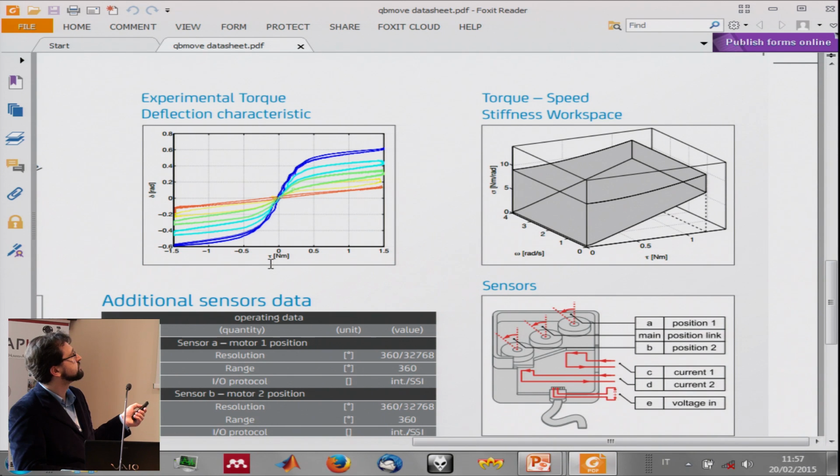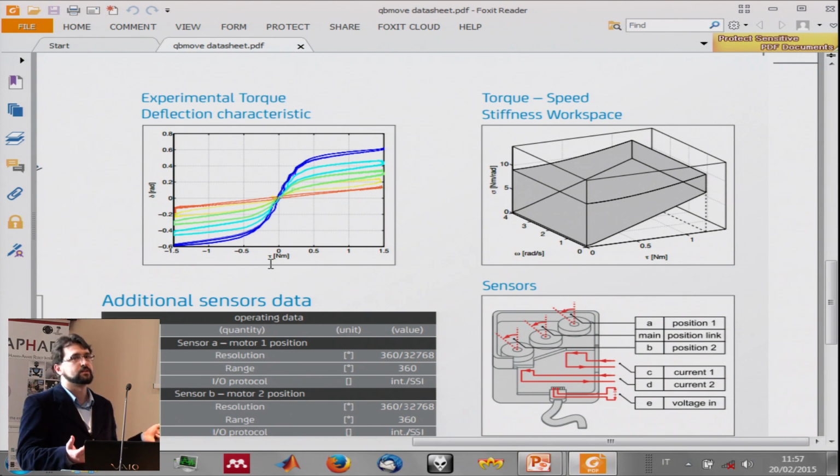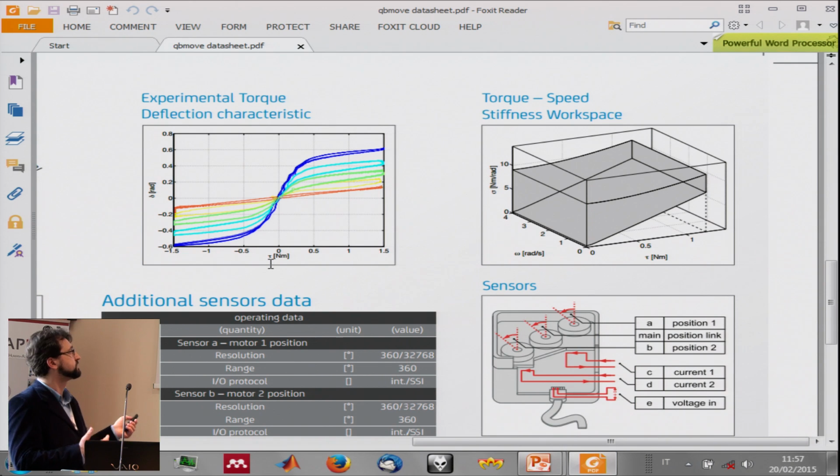For example, it's lower with the low stiffness, which is the blue curve, and it's also low with a very high stiffness, while it's a little higher in the average values. To characterize this is very difficult. It's not something that is easy to predict, because it depends a lot on the actual friction inside the system, for example.